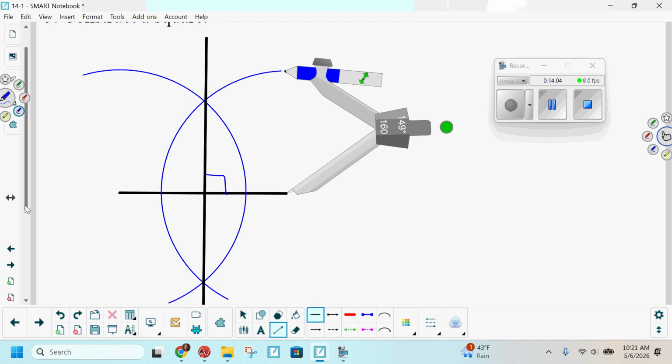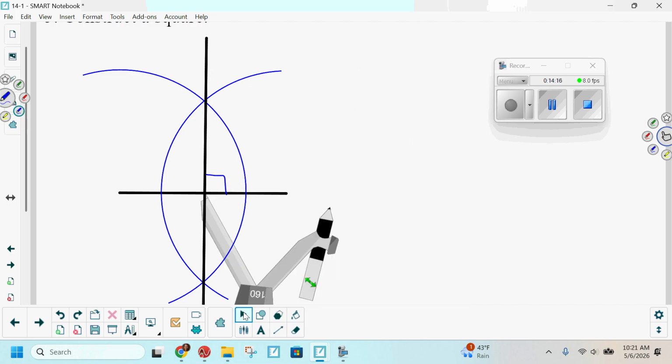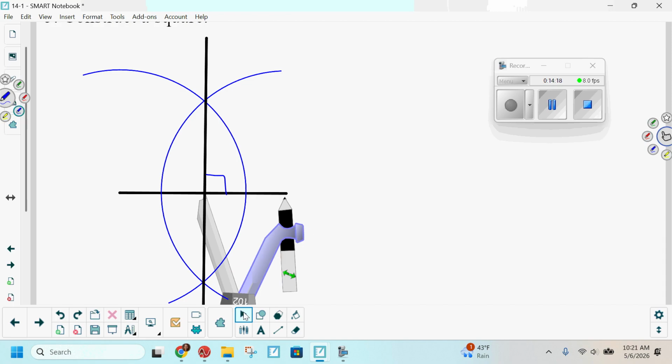Well, now I want you to think about what I know with a square. A square has 4 congruent sides. So I have lots of ways to come up with a square right now. One way could be to simply measure the length of this segment right here.